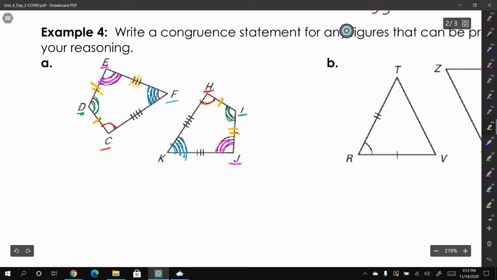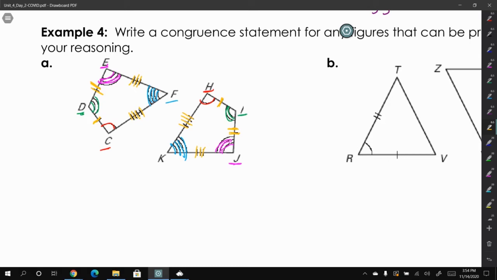EF and JK both have 3 tick marks on that segment. And then CF and HK both have 4 tick marks on them. That means they're congruent to each other. Remember, the different number of tick marks separates what those segments or angles are congruent to.